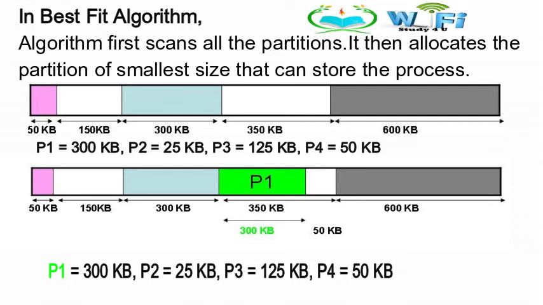Now first P1 comes, 300 kilobyte. We search one by one for the suitable memory, equivalent or nearest. Then 350 comes out for P1. So P1 occupies 300 kilobyte of the 350, and the remaining 50 is free. Now second, P2 has 25 kilobyte.